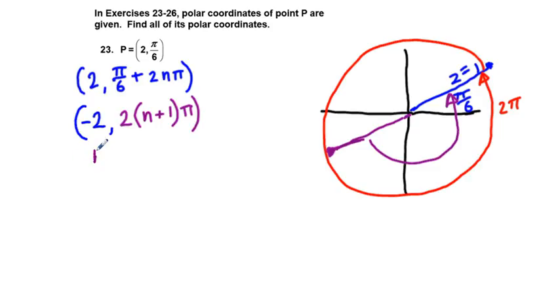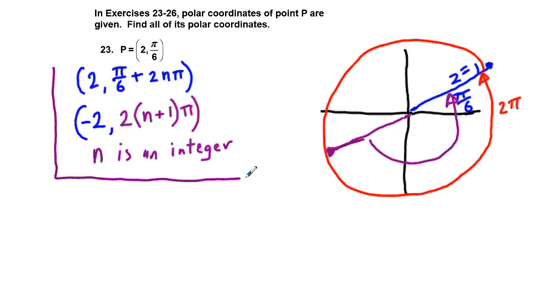And then for these situations, n is an integer. And integers can be what? Positive or negative. So those will be our answers for problem number 23.